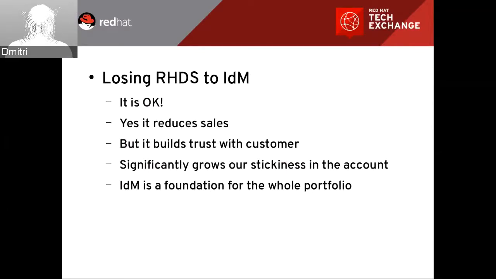We're building integration into Satellite, into CloudForms, into OpenStack, into RHEV, and so on. So all these pieces are going to be pluggable, and identity management will provide key management, SSL management, identity management, authentication, and single sign-on for those components in our portfolio. So that's what's happening. We're building these things.